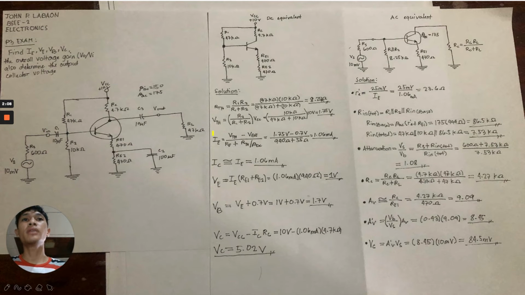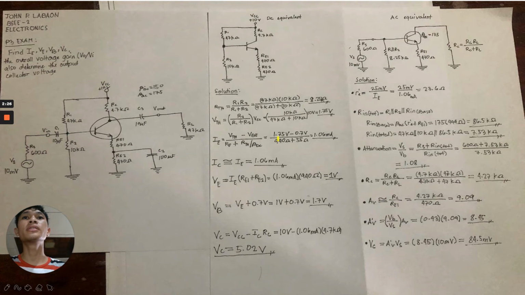Therefore, we can now get the value of our IE, which is equal to Thevenin's voltage minus base emitter voltage over the emitter resistance plus the Thevenin's resistance over the DC equivalent beta.